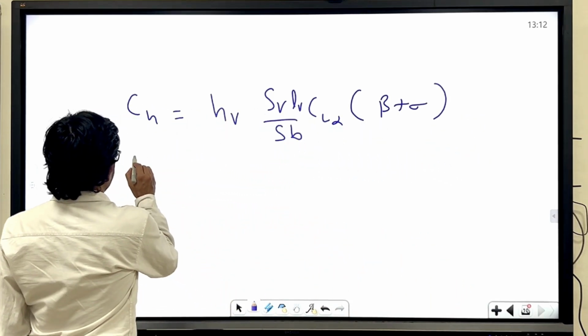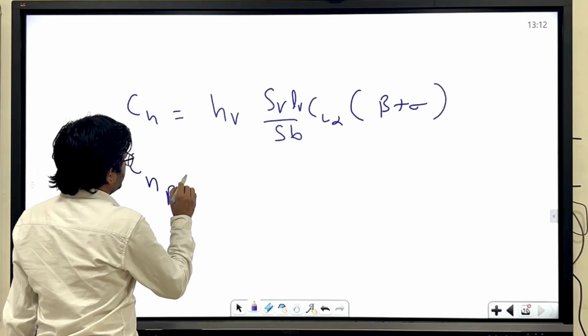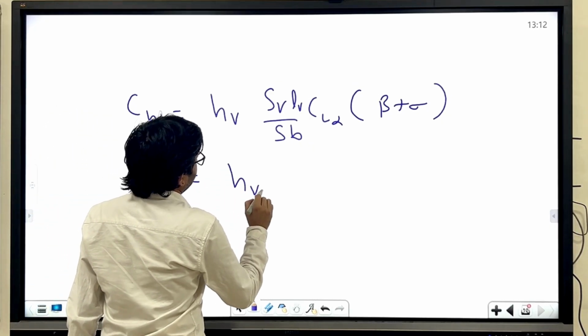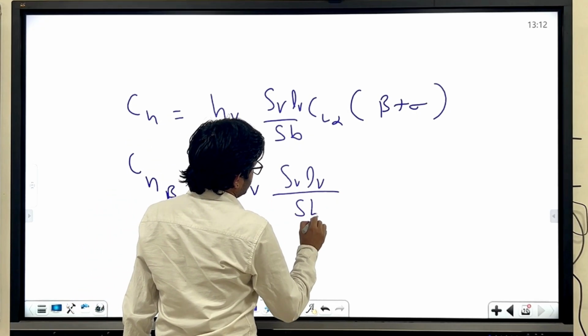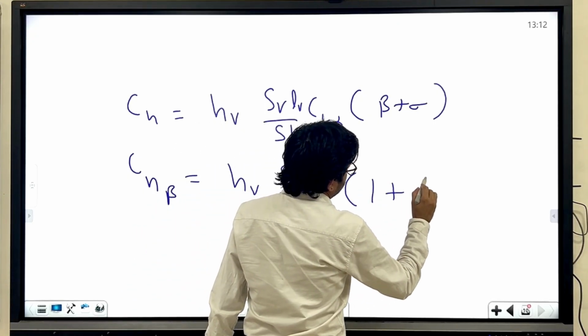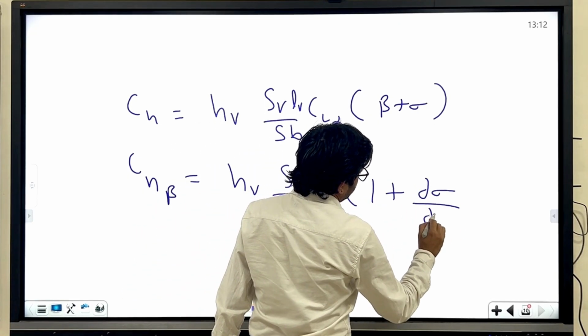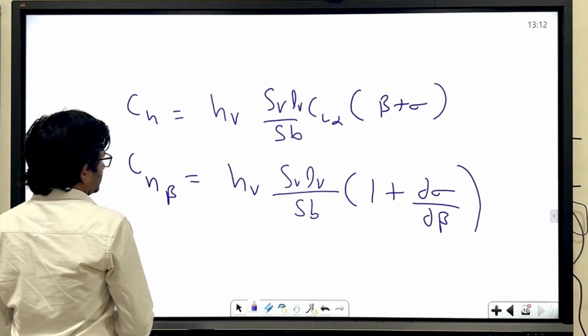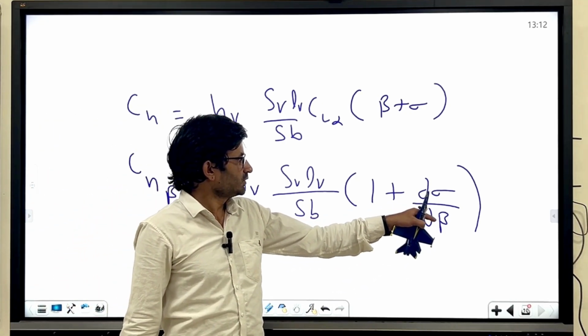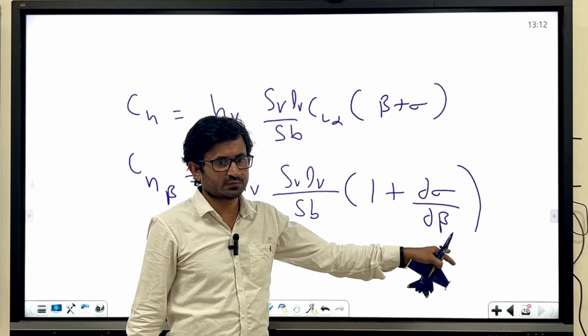So if you differentiate with respect to beta, what will you get? Eta V, S_V, LV, over S B, times (1 plus dou sigma by dou beta). You can find the value of dou sigma by dou beta from the literature.